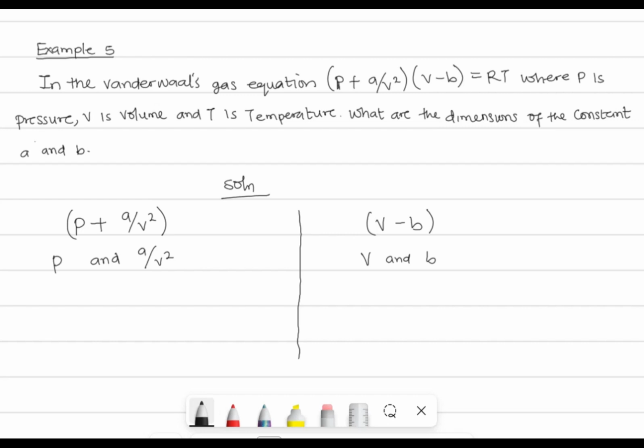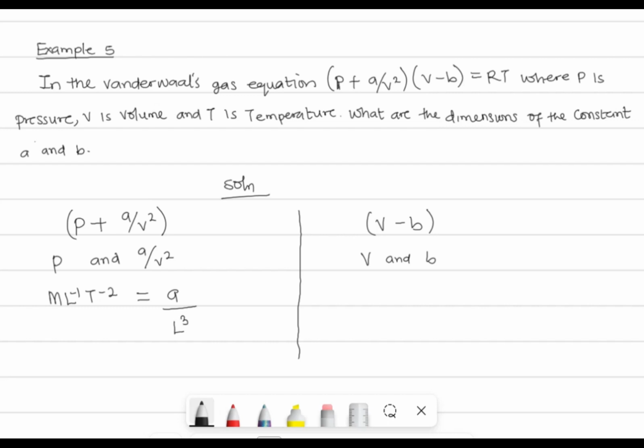And so right here now, P means pressure. What's the dimension for pressure? Very simple. It is M L⁻¹ T⁻². And it should be the same thing as A over V². We don't know what A is, but we know what V is now. V is volume, which is L³.